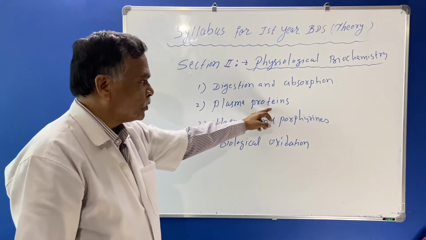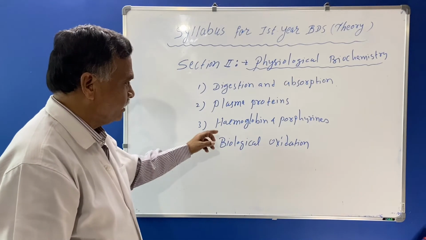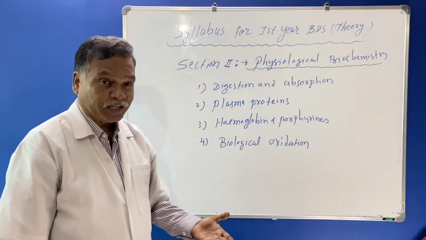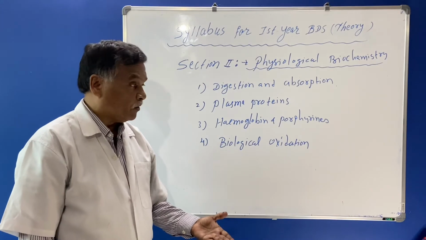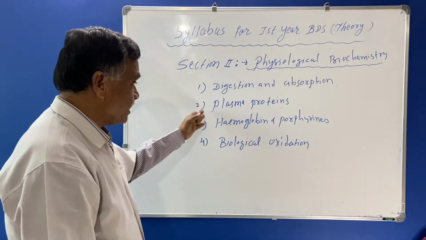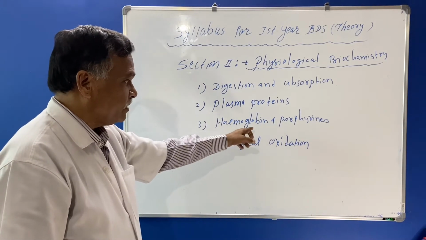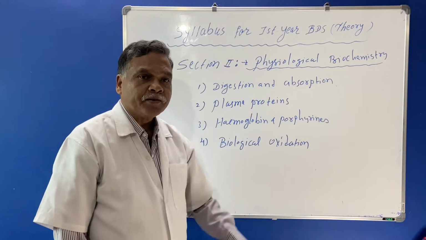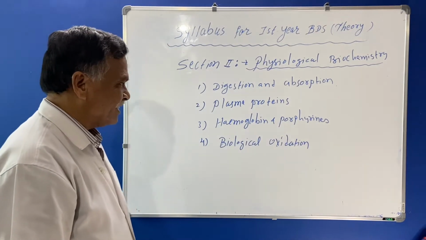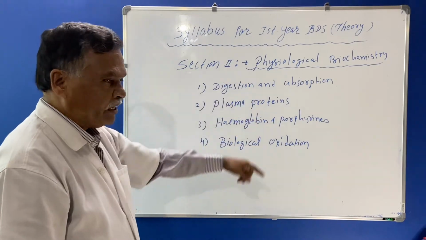Then plasma proteins. What are the different plasma proteins present in the body? Albumin, globulin. So these are the plasma proteins. Then hemoglobin, the study of hemoglobin and different porphyrins, we have to learn under the heading physiological biochemistry.